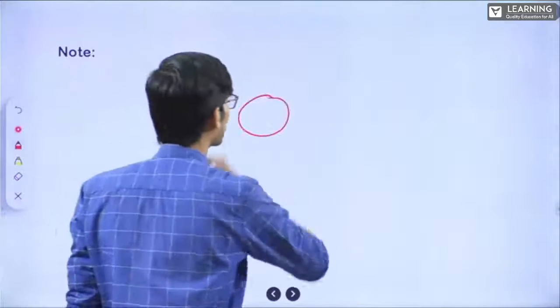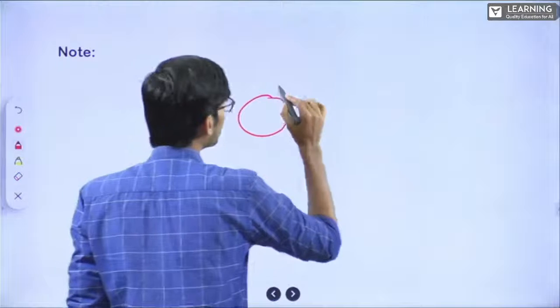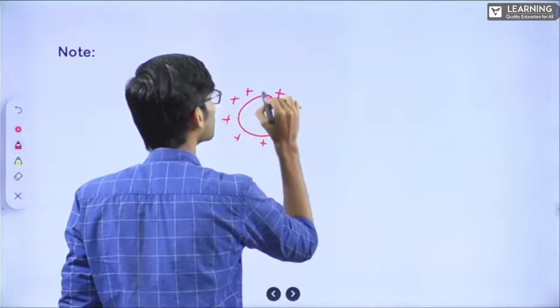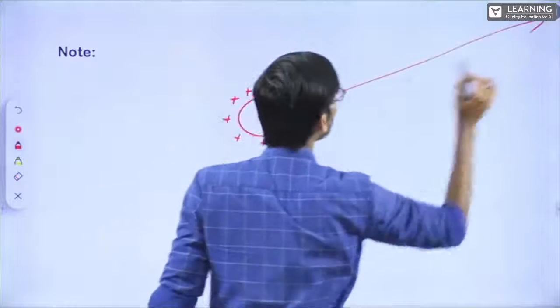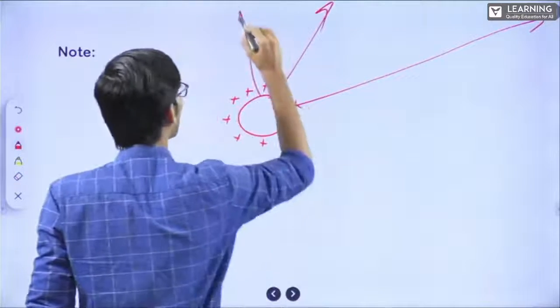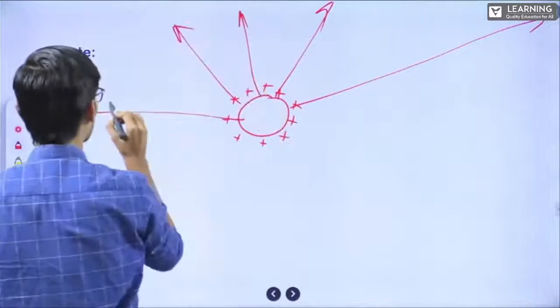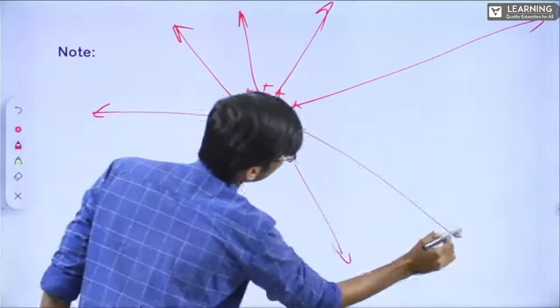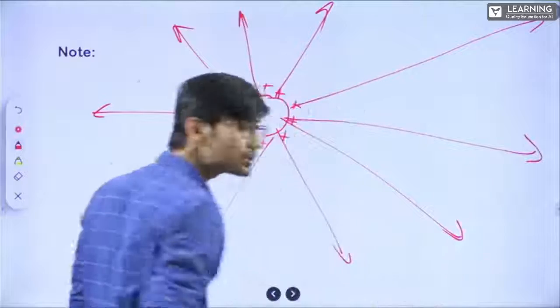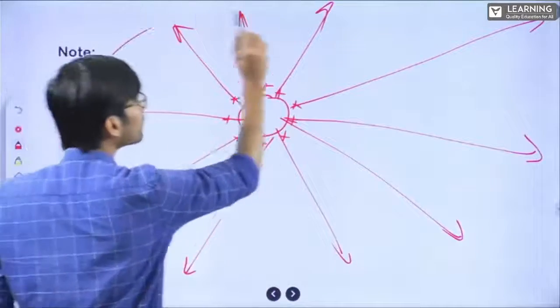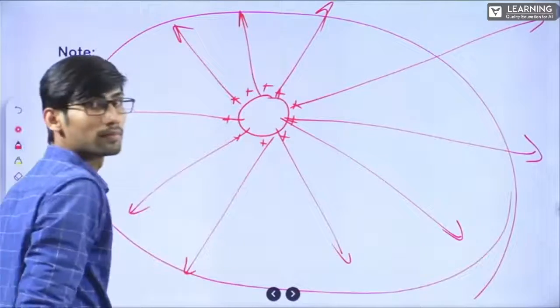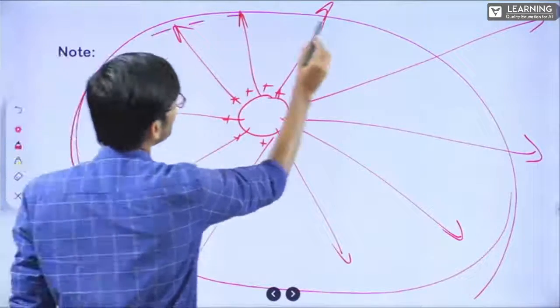Because if you see this spherical capacitor, suppose this is positive, the electric field lines are going till infinity, correct? Now we know that electric field lines go from positive and terminate at negative. We can assume that there is one more spherical surface at infinity, which has a negative charge.